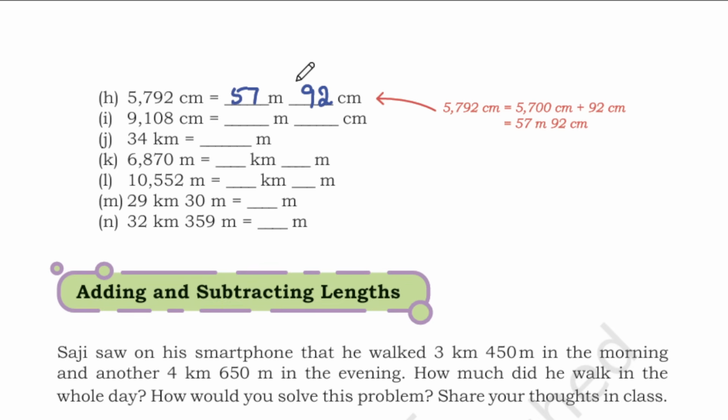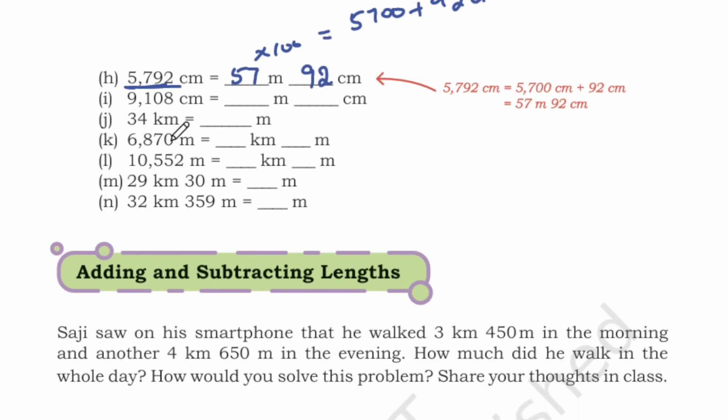Again, if you want to convert to centimeter, you multiply by 100. 57 into 100 is 5,700 centimeter, plus 92 centimeter, so this is 5,792 centimeter.